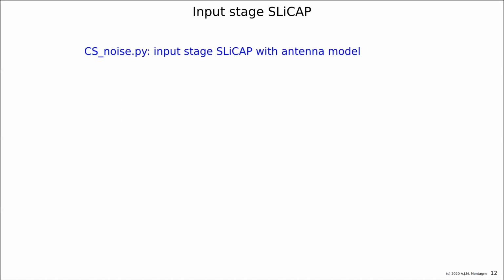So the input stage that we will discuss with SliCap is this file, and it has the antenna model. So in the first week of the course, there was a link to an article that described a lump element model for a short rod antenna, and this model is what we are going to use, so we can just set the width and the diameter and the length of the antenna, and we have a nice expression for the capacitance at low frequencies.